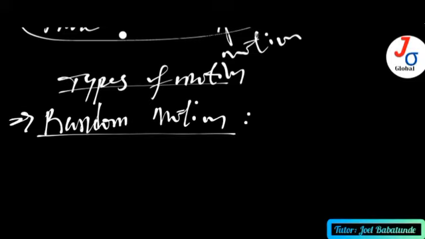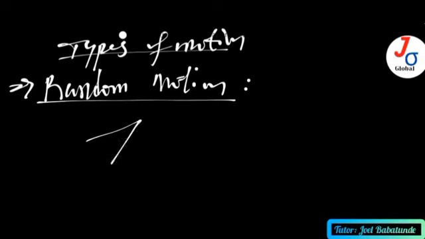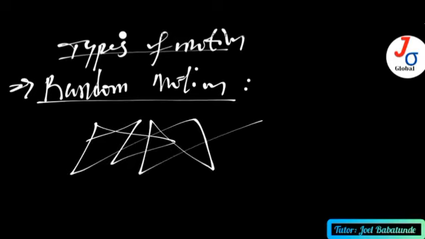Random motion is when objects move irregularly. They just move irregularly, randomly. They really don't have an orientation, they really don't have a preferred direction at which they move. They just move anyhow. So an example of such kind of motion is Brownian motion.